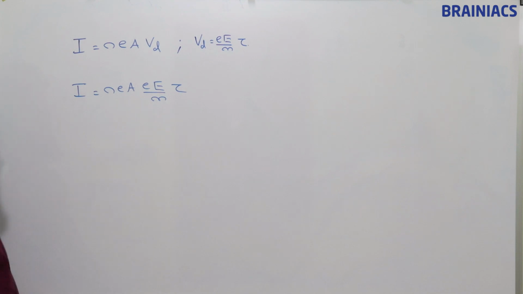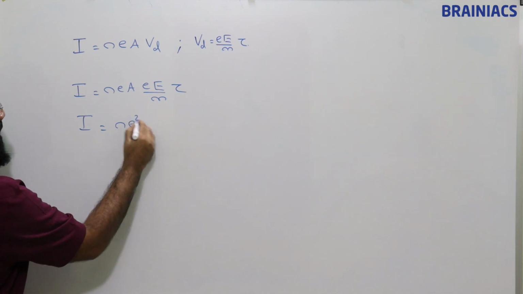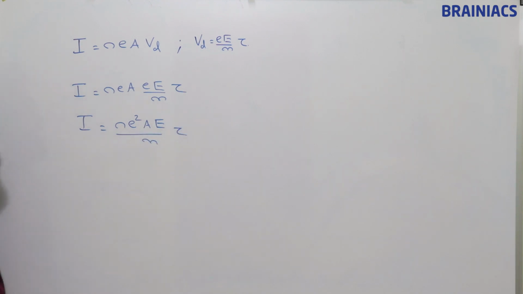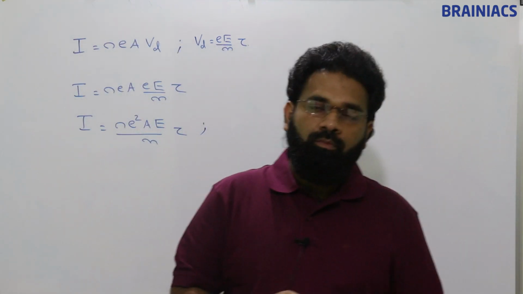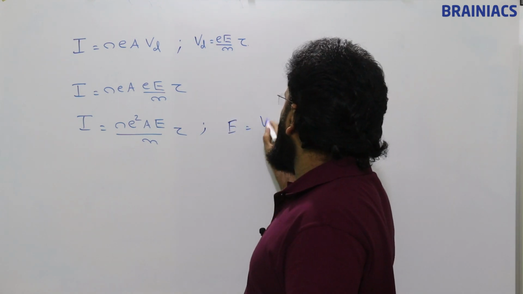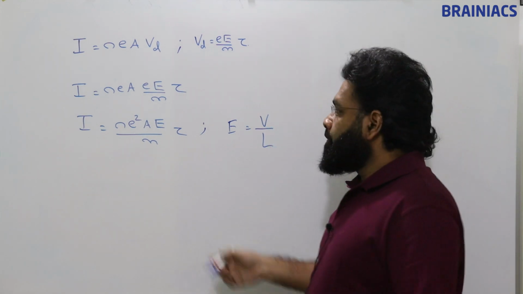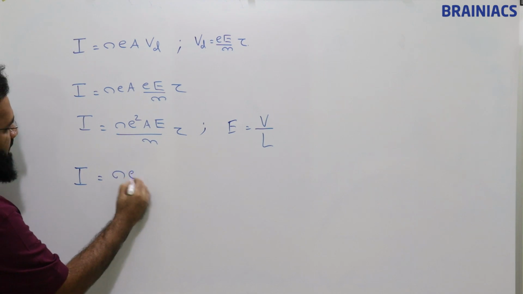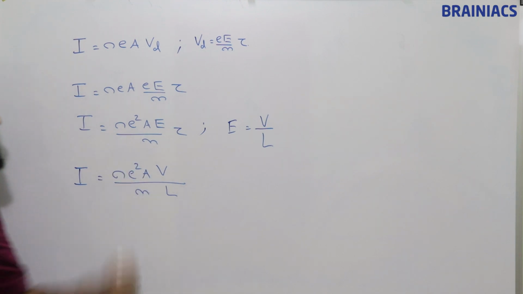Now I is equal to ne squared AEτ divided by m. Now how are electric field and potential related? I can write E is equal to V by L, potential divided by the length of the conductor. So we will substitute here: I is equal to ne squared A V divided by L, then m is here.